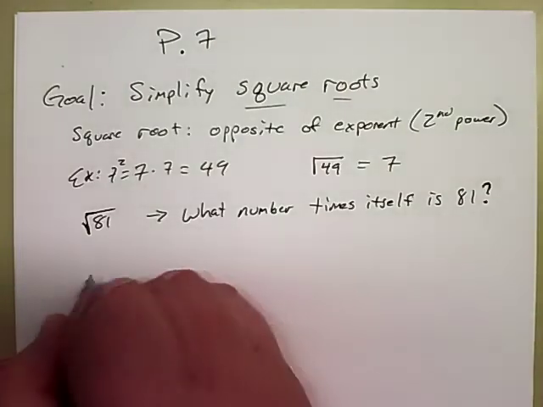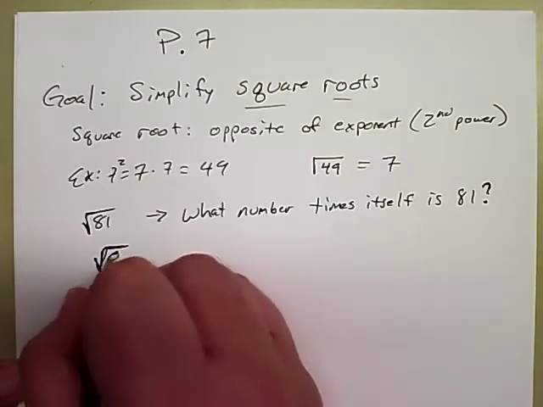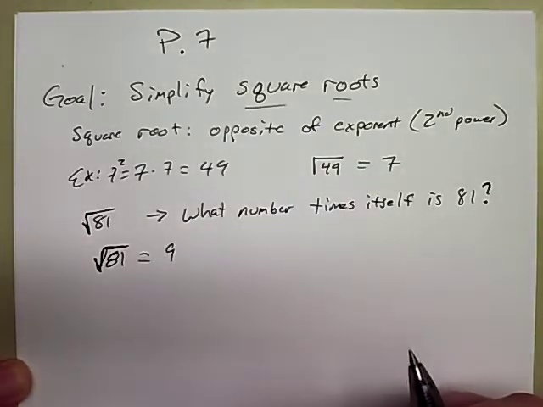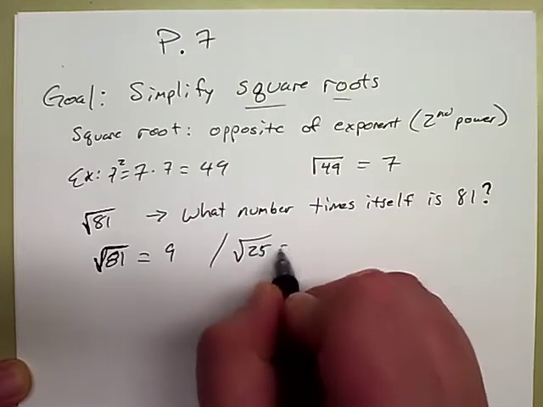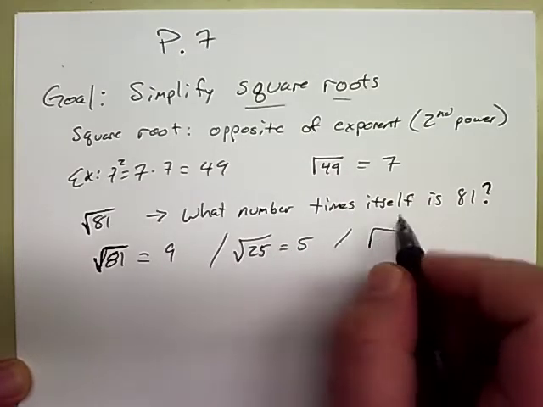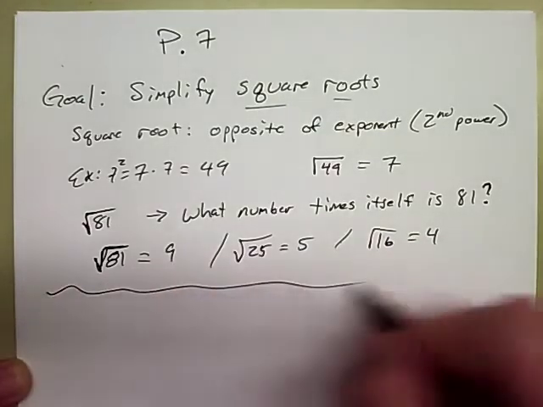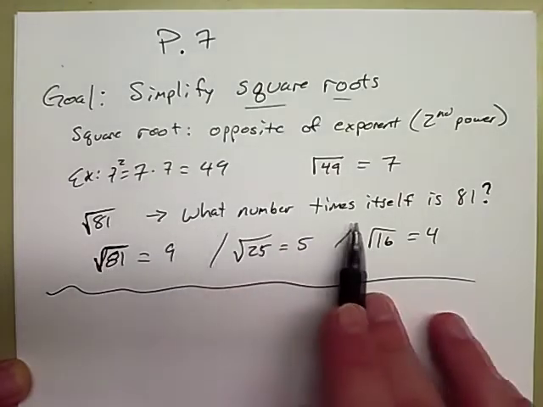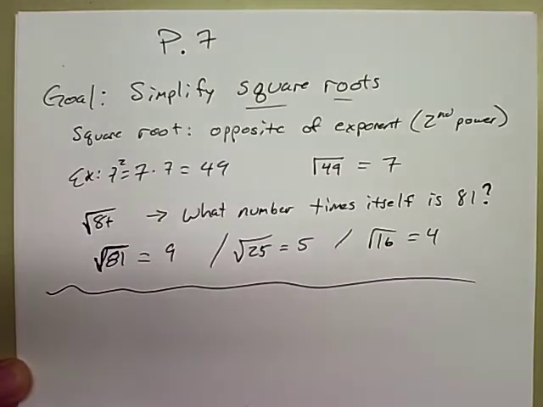And we all know the square root of 81 is 9. And the other ones, like the square root of 25, that's going to be 5, or the square root of 16, it's 4. So this square root symbol really means what number times itself gives me whatever is on the inside.